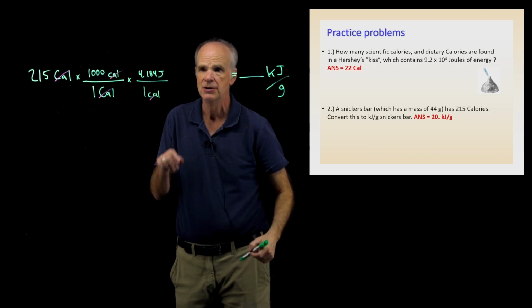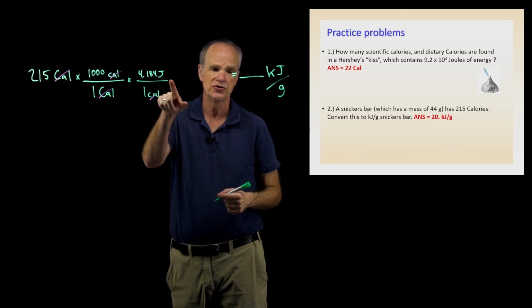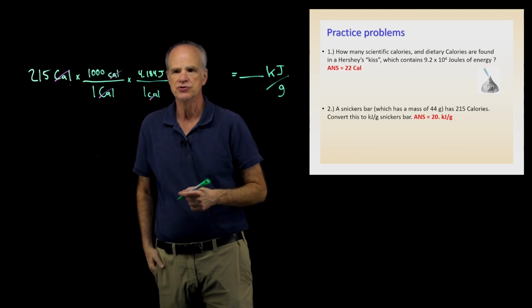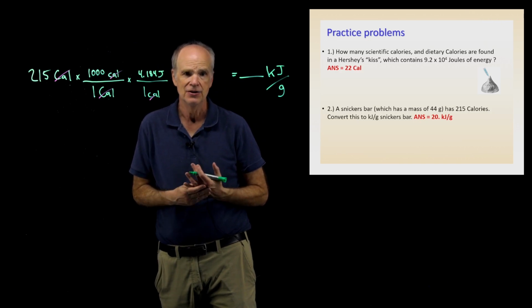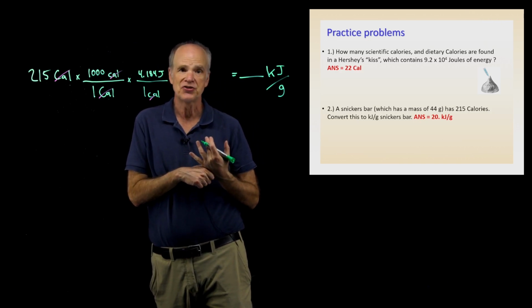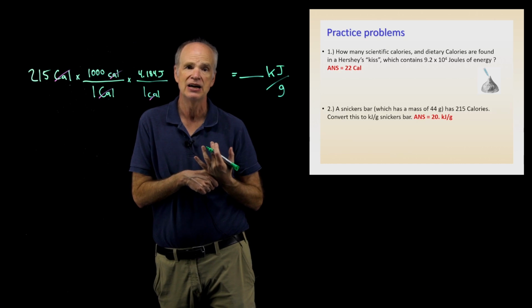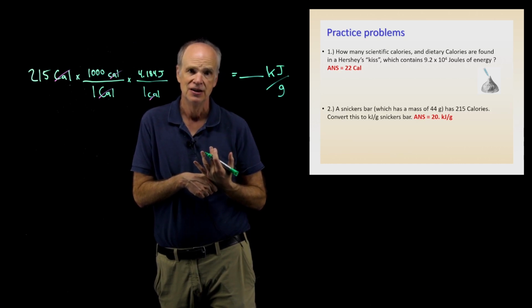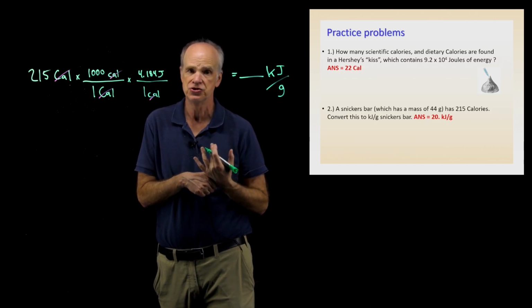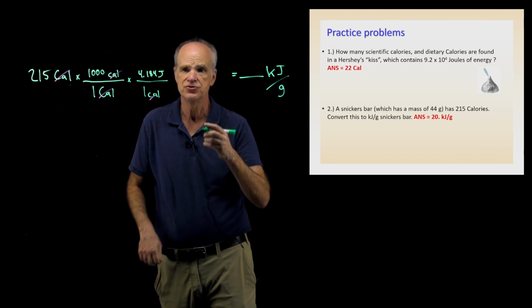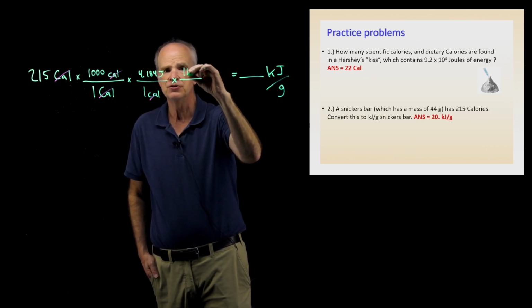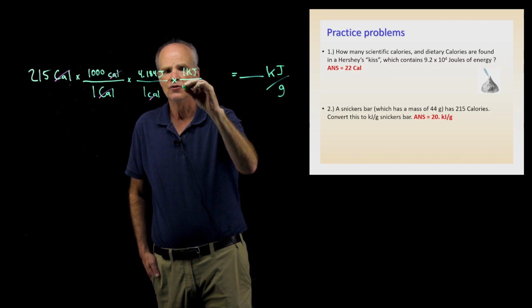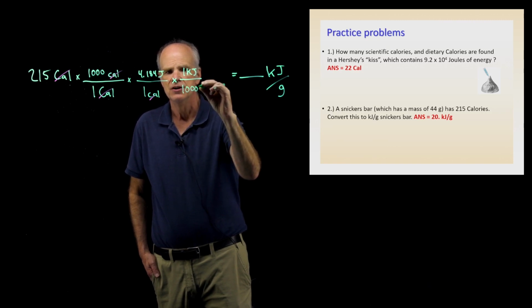That brings up, how do we take joules and get this into kilojoules? Well, I'm hoping you might be able to figure out that the prefix kilo means you have 1,000 of something. So if you have 1 kilojoule, you have 1,000 joules. And so here, what we want to do is put 1 kilojoule over 1,000 joules.